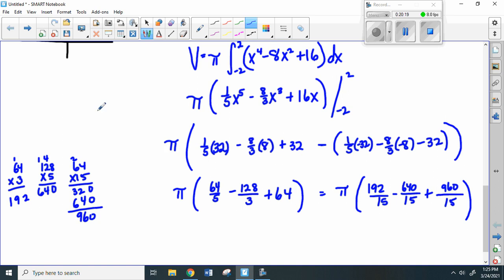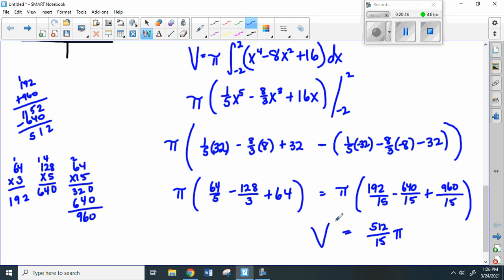And then, let's see, I've got a 960, a positive 192, a positive 960, and then I have to subtract a 640. So I get 512 over 15, and then I can attach the pi. Woo, and I'm finally done with my volume.